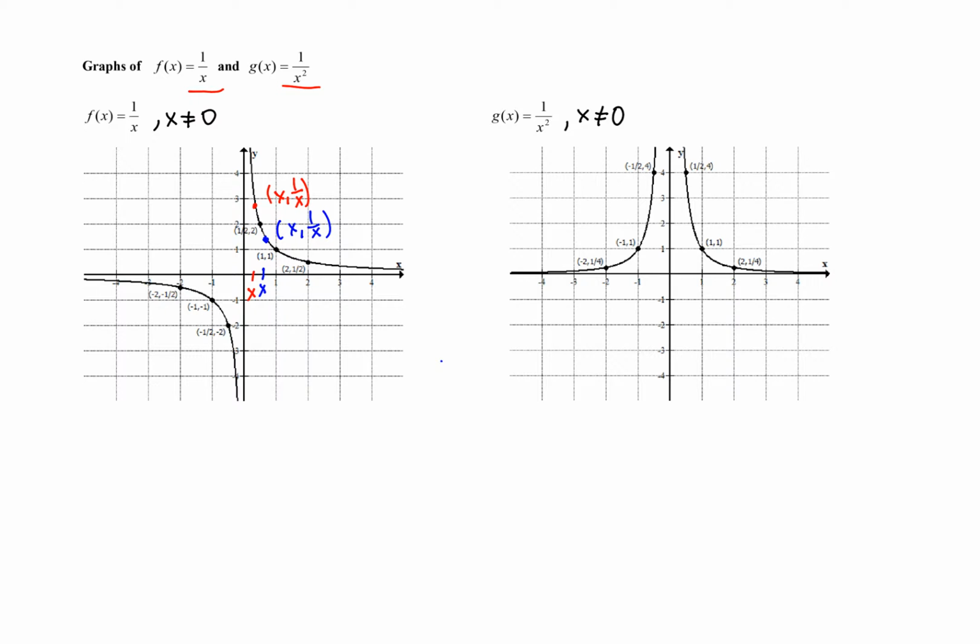So what this tells us is that as the values of x come closer to 0, the point on the graph is going to be higher and higher. However, the point will always be to the right of the y-axis, and the closer I am to 0, the higher on the graph I'm going to be.